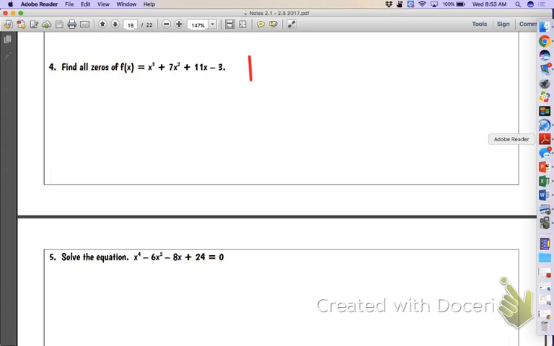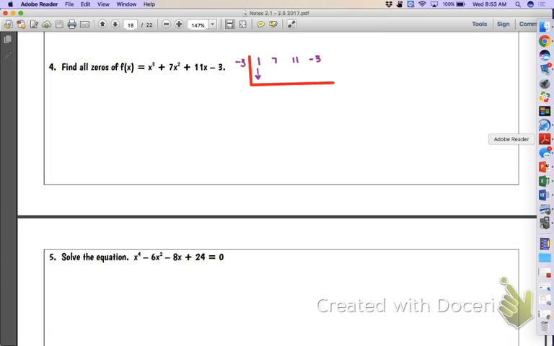So the only option that I have in this case is negative 3, and I still have to find all the zeros. So I'm still going to have a 1, a 7, an 11, and a negative 3. So I'm going to try negative 3. Knowing that I looked at everything, I know that it's going to cross at 2 other places.